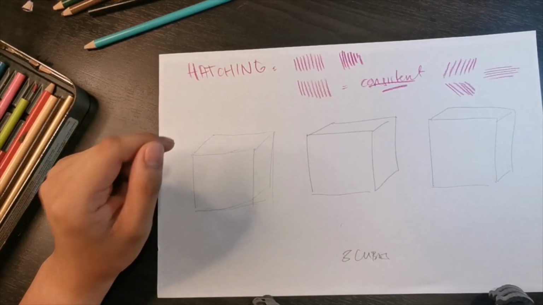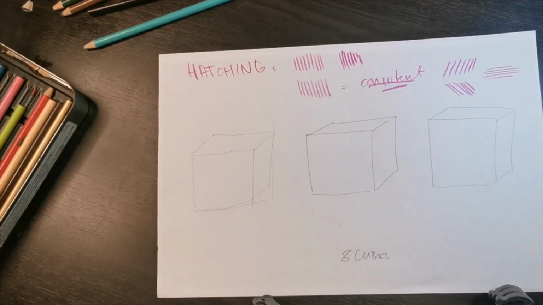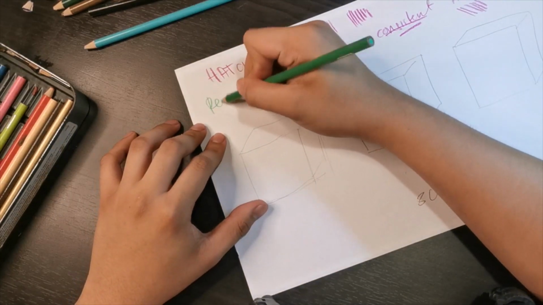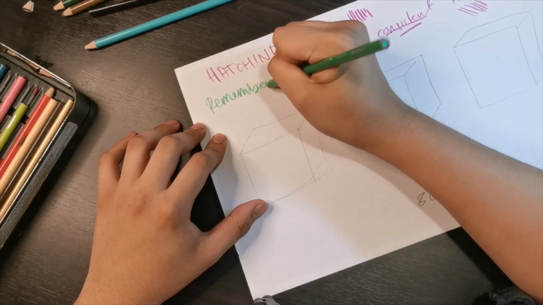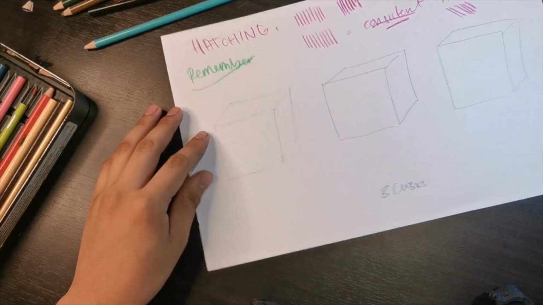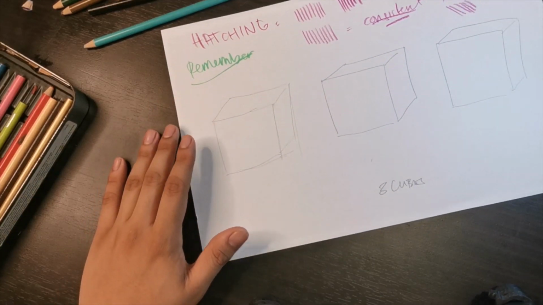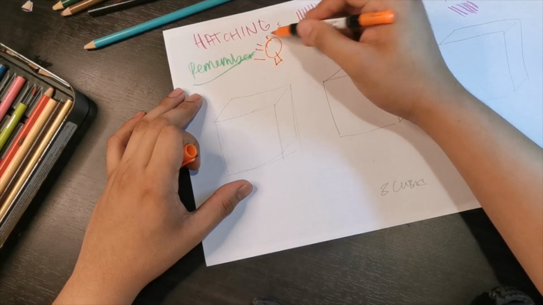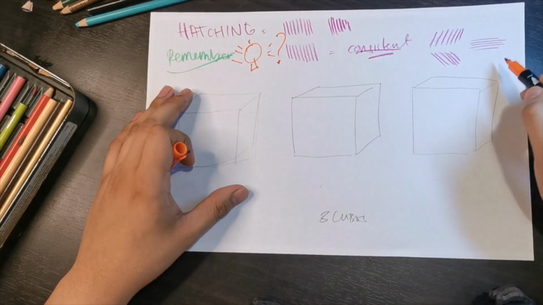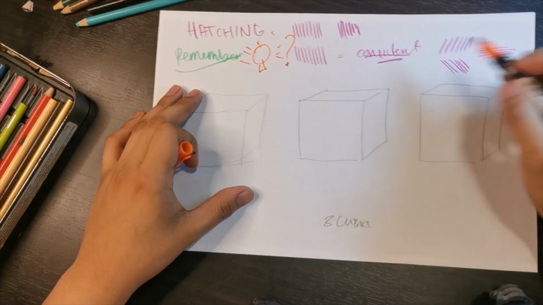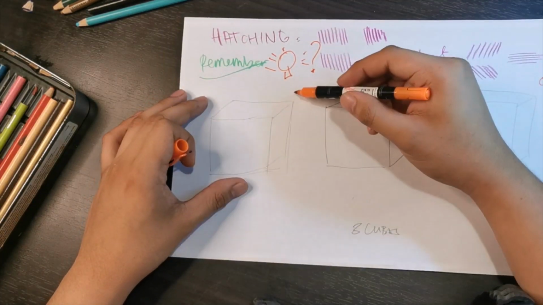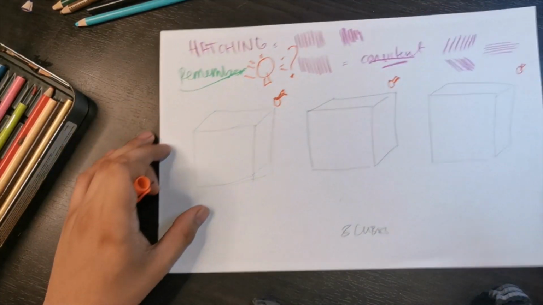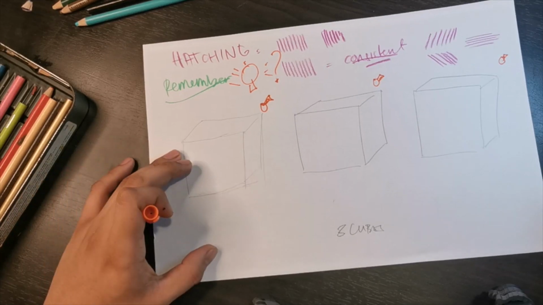Now, one thing that we need to remember when we are rendering or when we're practicing rendering is let us remember where the light source is. Okay? So, tatandaan ninyo kung nasan yung ilaw. For example, lahat ng ilaw ay nandito sa upper right corner ng bawat cube.